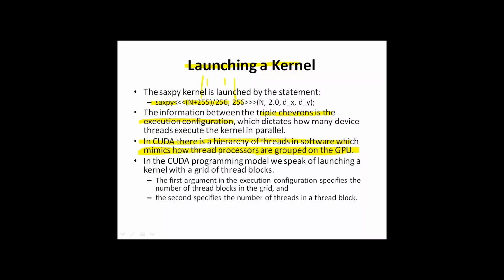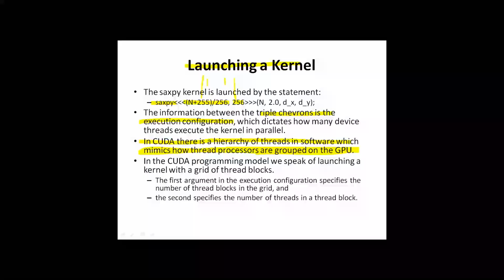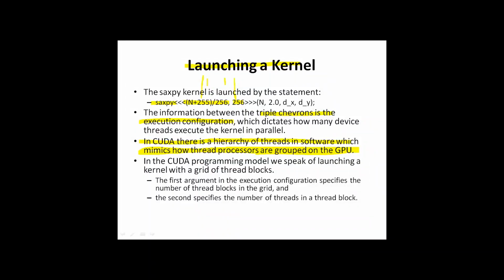Presently, if we are not specifying the stream, the kernel executes on the default stream only, which is number zero. By default, the number is zero, and if we specify some number, that means it is executing on a particular stream. So we will explore that in later slides.